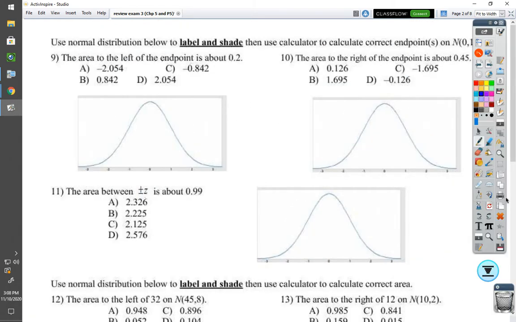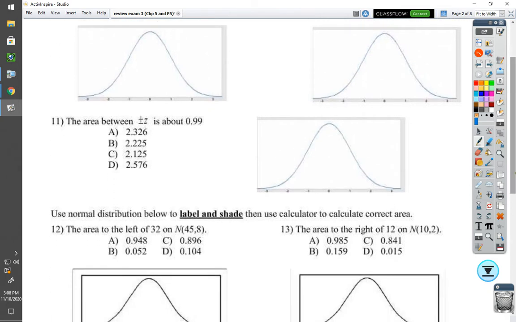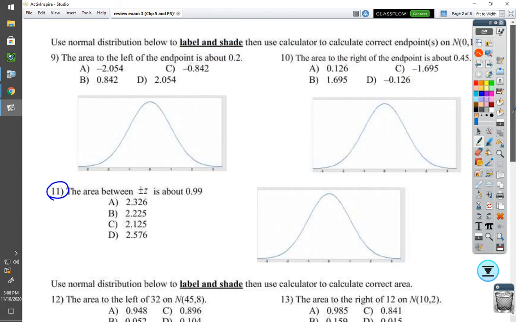I think that we'll do number 11. So what we're looking for is the area between positive and negative Z is about 99%. Well, it says use the normal distribution below to label shade, then use a calculator to calculate the endpoints. Okay, well, endpoints are not area.